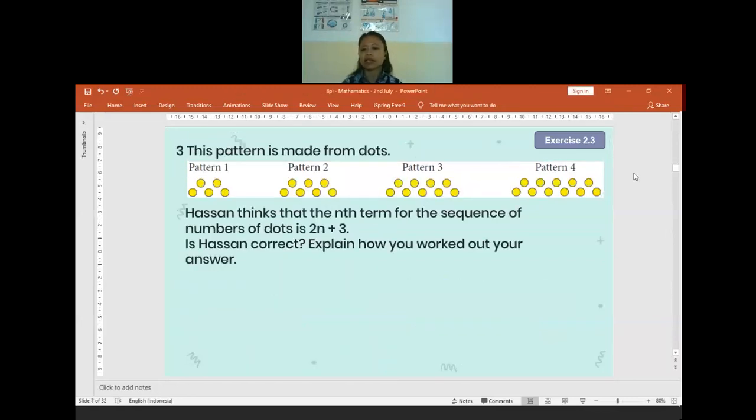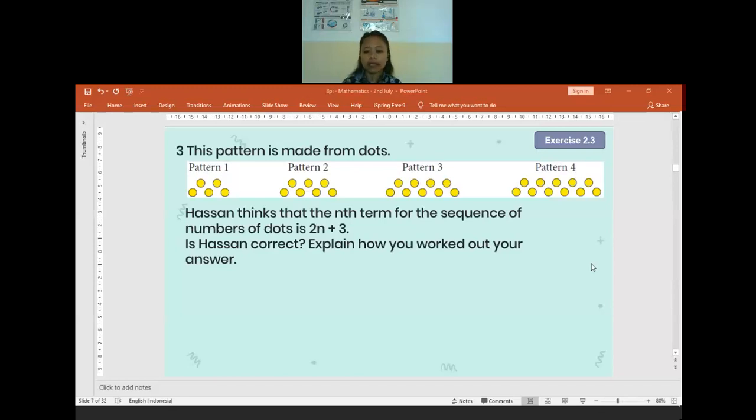Hasan thinks that the nth term of the sequence of the number of dots is 2n plus 3. Is Hasan correct? There are two ways to do it. The first one is by finding the position to term rule, and then later you can replace the position to term rule with the letter n.